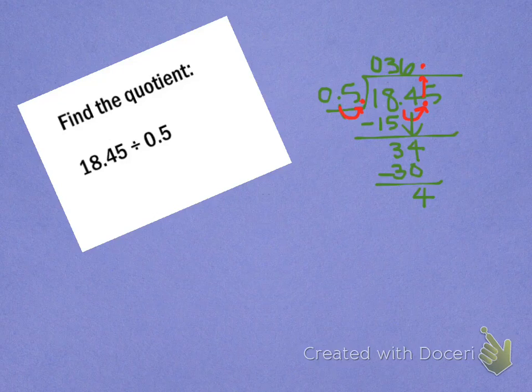Don't worry about that decimal, ignore it. Bring down the 5, and 5 goes into 45 9 times. 9 times 5 is 45. 45 minus 45 is 0. So this answer is 36.9.